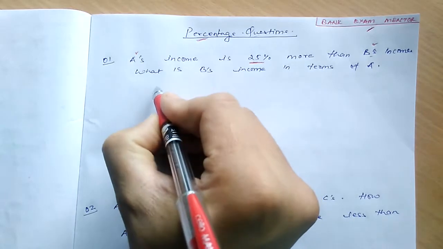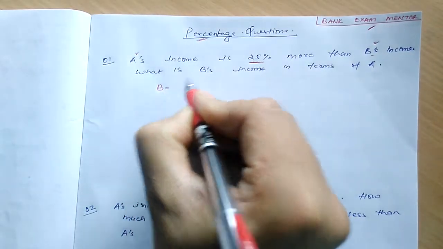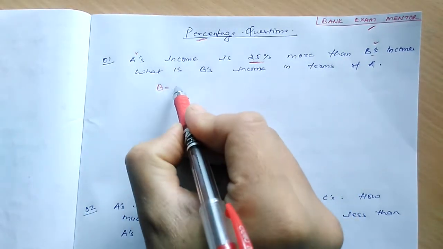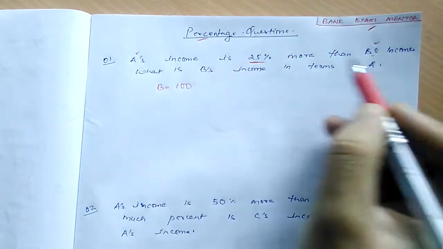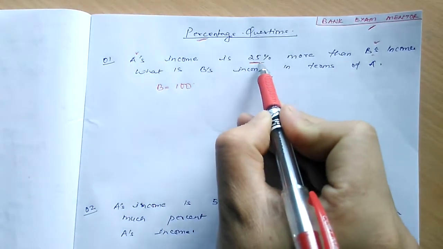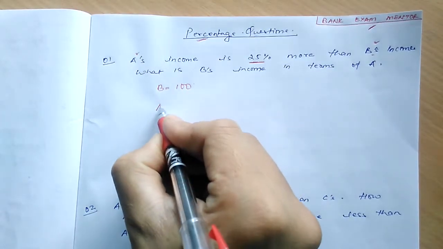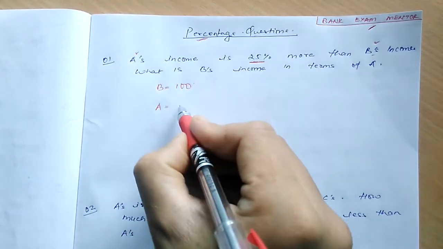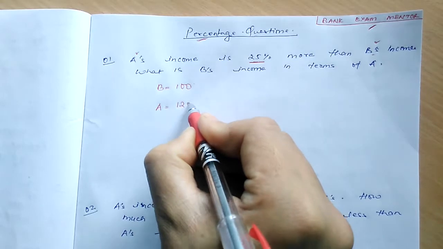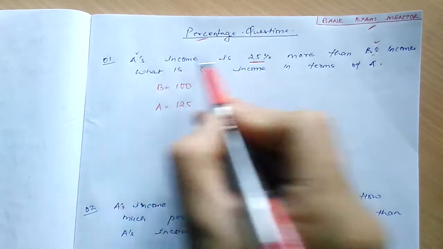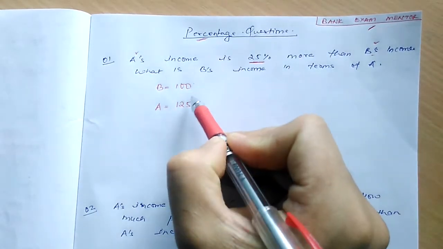So we will first take the income of B as 100. Now A's income will be 125 because A's income is 25% more than B's income.